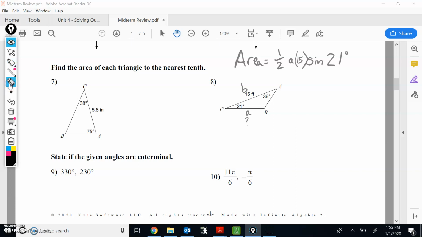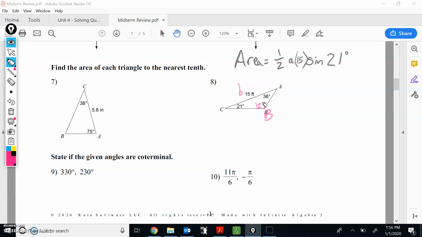And remember, we know to use law of sine when we are given the same letter, lowercase and uppercase. In this example, we are given both b's, so we're given lowercase b and uppercase b. And we're not necessarily given it, but we can find uppercase B easily by doing 180 minus 21 minus 36 to make 123.